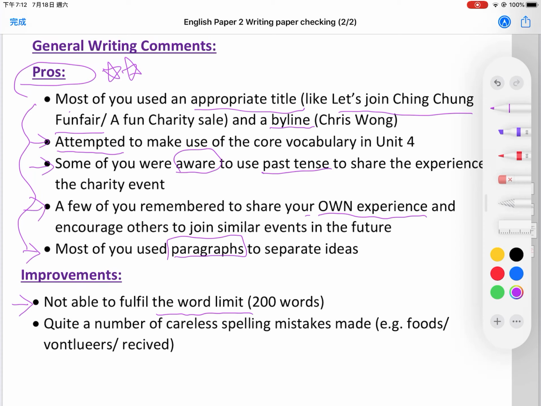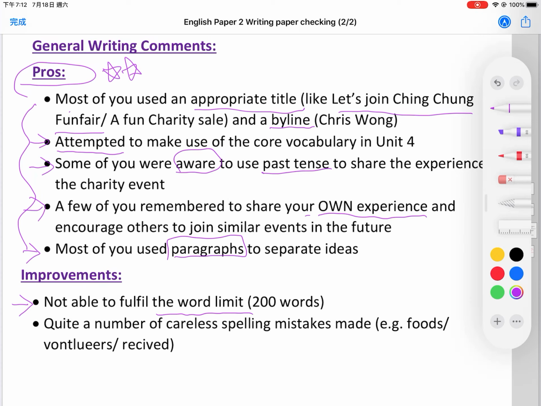Okay, so I'm afraid to say that you need to plan very well and try to think of more details for each of your ideas, okay, to elaborate more, to give me more examples, or share some of the... I don't know, just think of the event that you took part in, some funny parts, some sad parts, or something that happens suddenly.